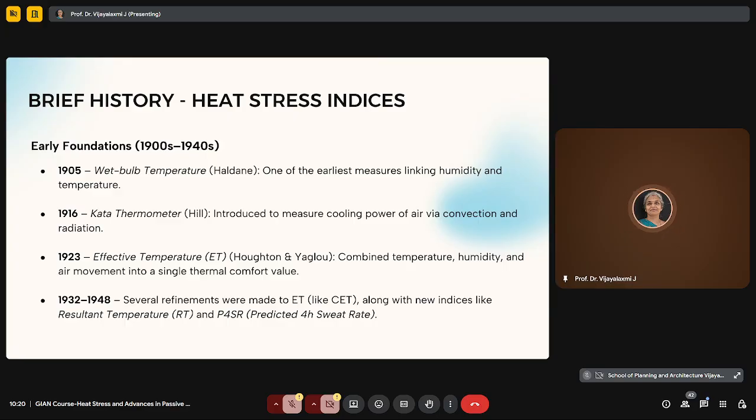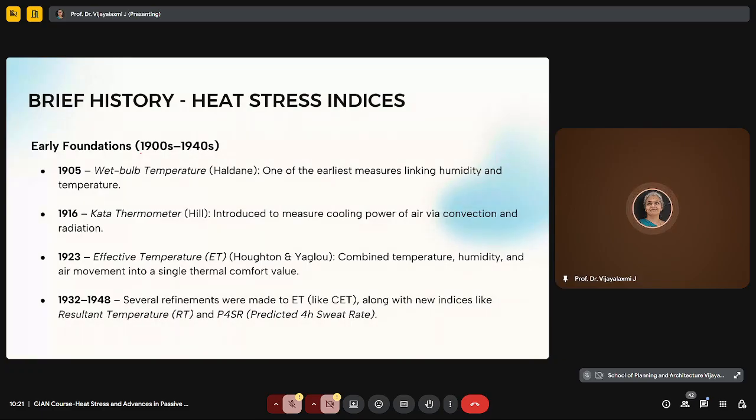So these indices try to integrate various environmental parameters and physiological variables to understand and assess how heat affects the body. Here we will see a timeline-based overview of how heat stress indices have evolved.